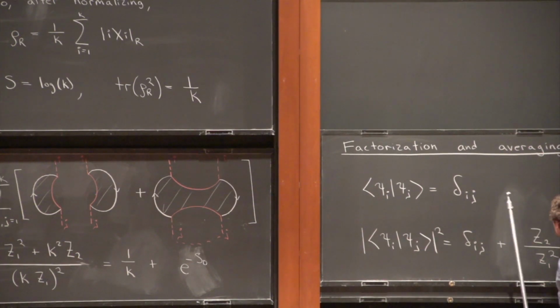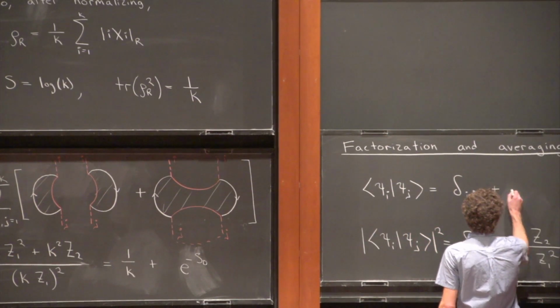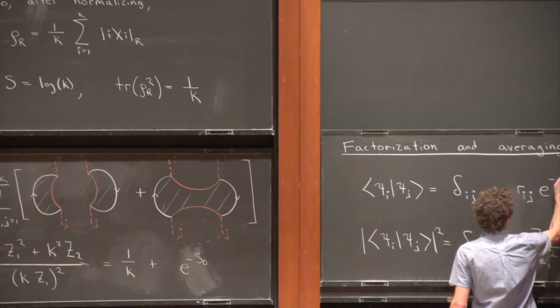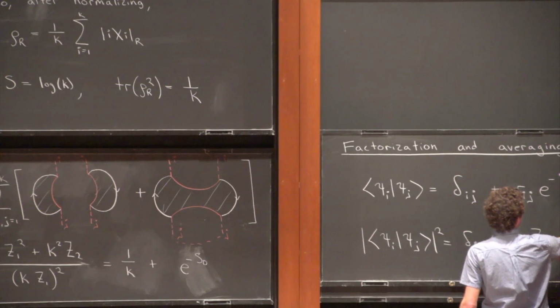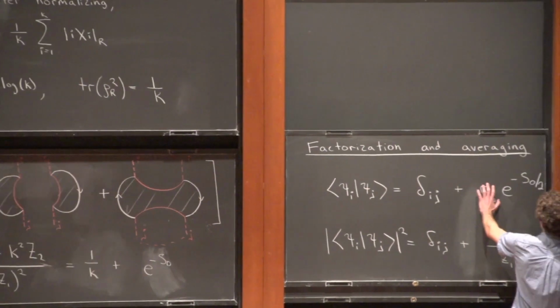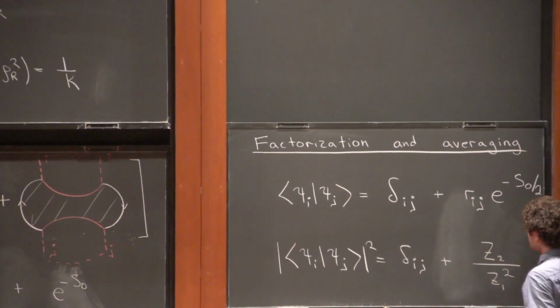One thing you can notice is that, forget about gravity for a second, and let's just imagine that the right answer for this quantity was delta_ij plus some small random term, R_ij, where these are some random numbers, times e to the minus S_0 over 2.